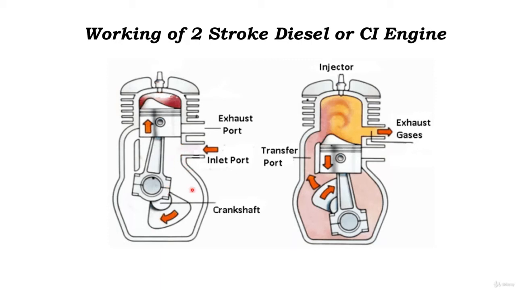During the downward motion of the piston, as you can see in this figure, the transfer port gets uncovered and the fresh air which was present in the crankcase gets transferred to the combustion chamber through the transfer port. As the piston reaches the bottom dead center, the combustion chamber gets filled completely with air.